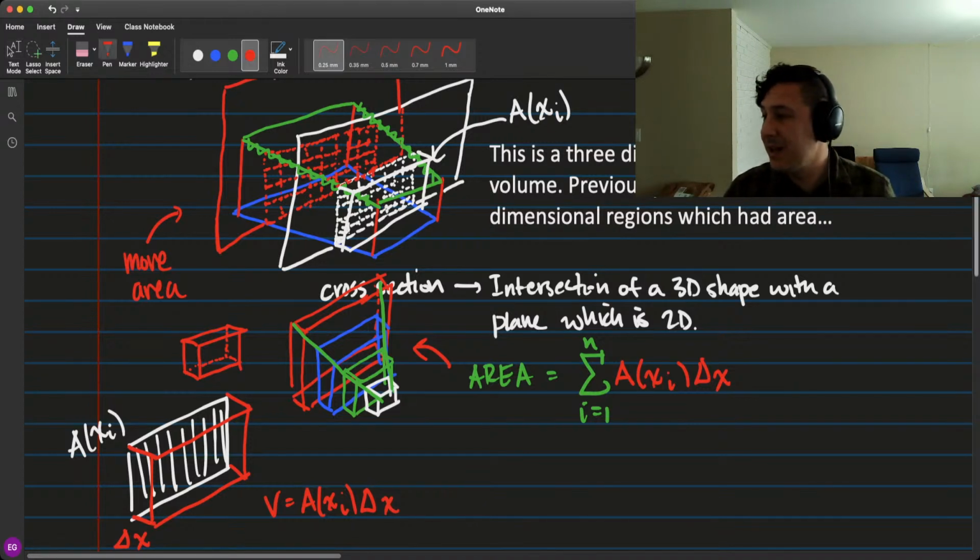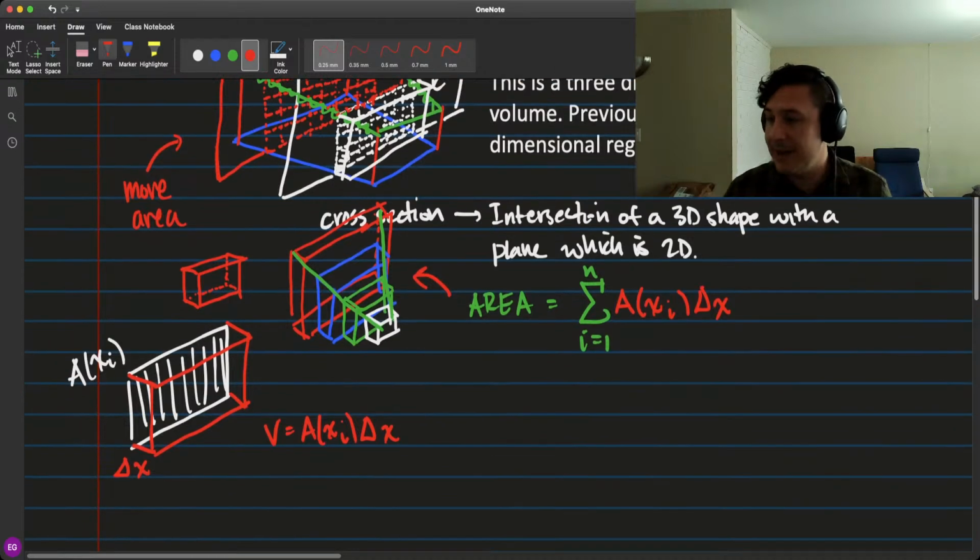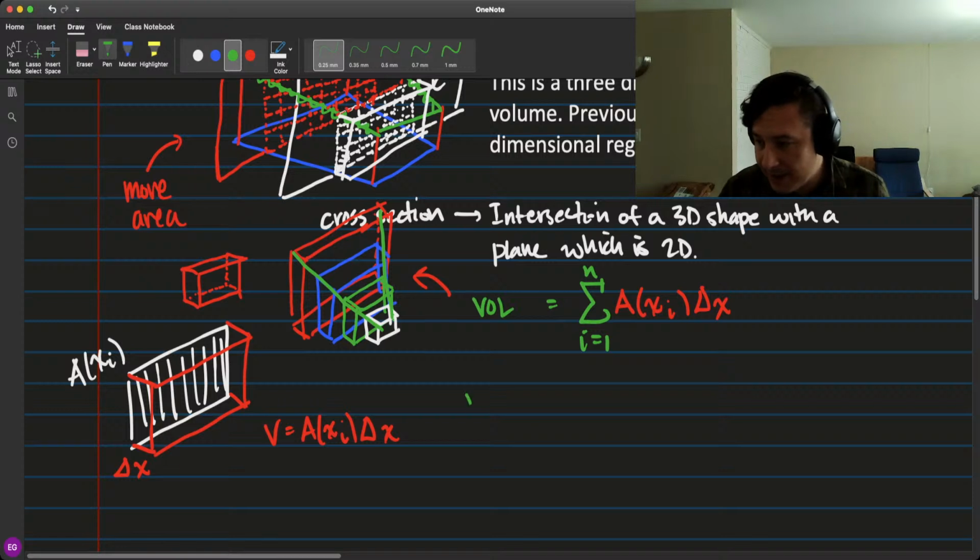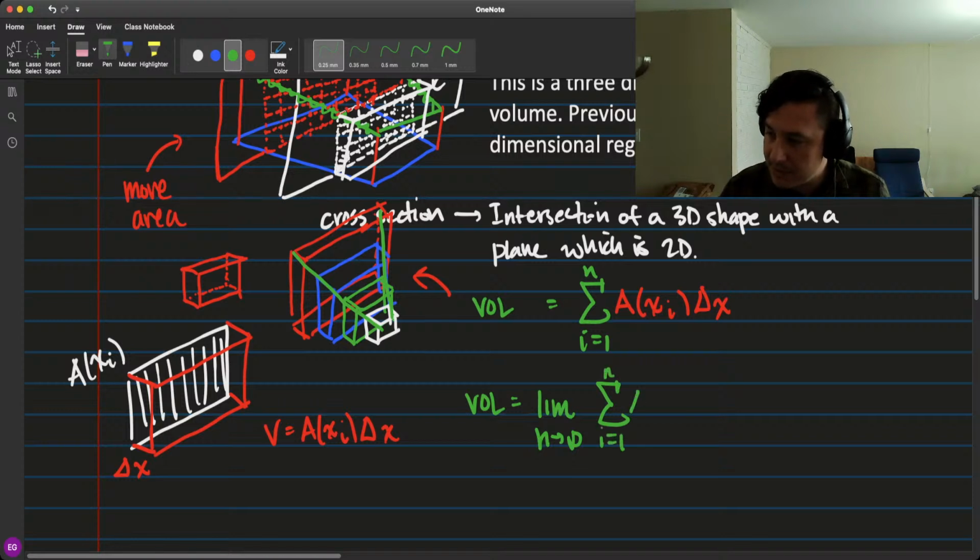So you look at this and you're like, holy shit. Okay, actually, I should put volume here. This is a volume. To calculate my volume, I'm going to take the limit as n goes to infinity of my sum of my rectangular prisms.